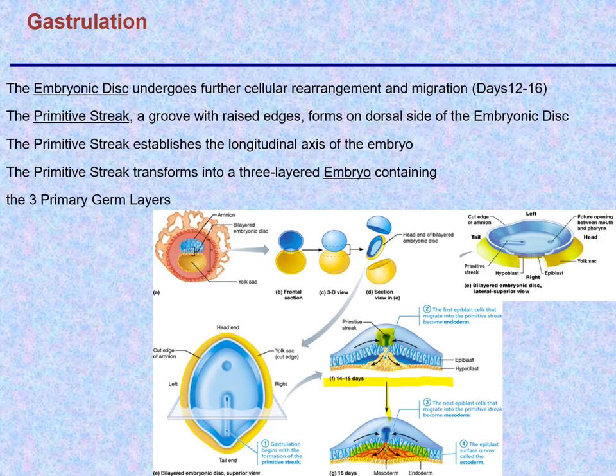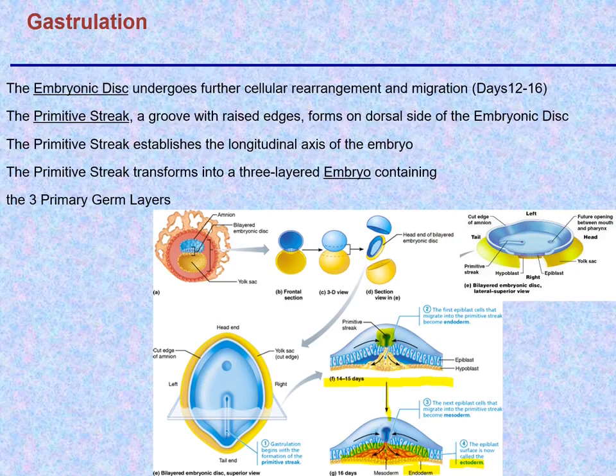And that's these three layers that are forming. The ectoderm is in blue, the mesoderm is in reddish orange, or red, and the endoderm is in yellow here.